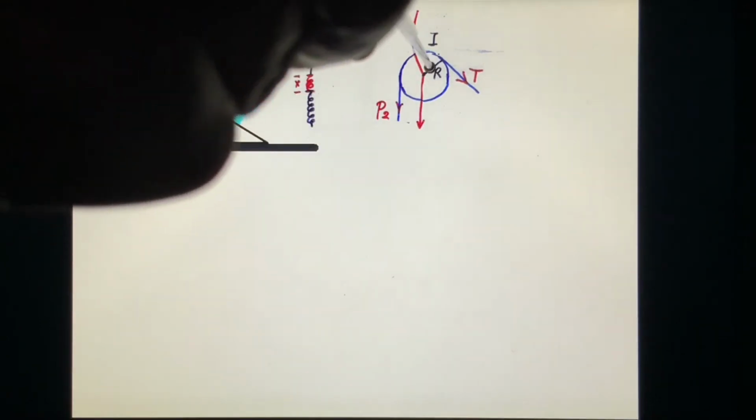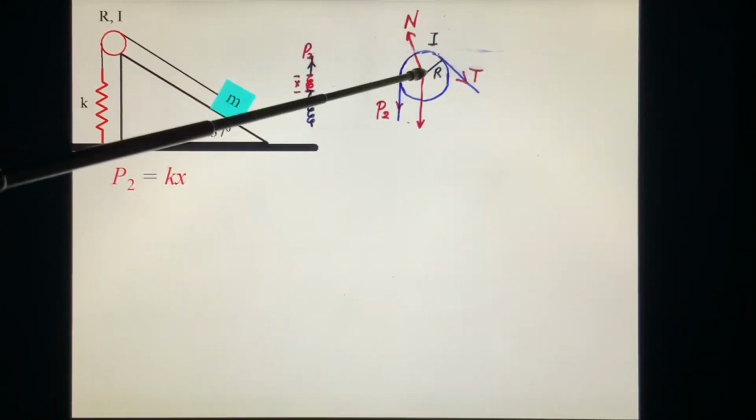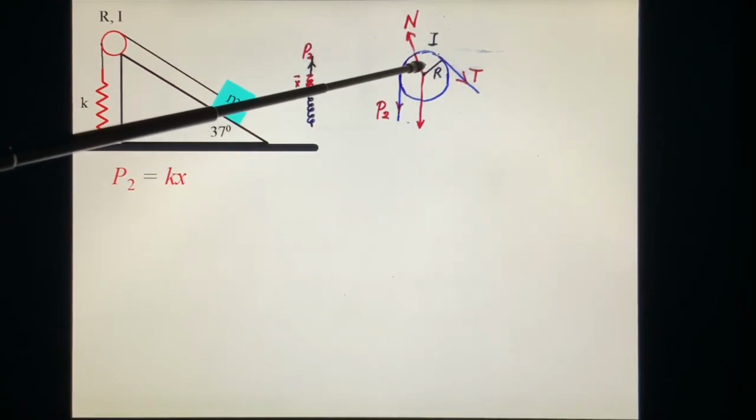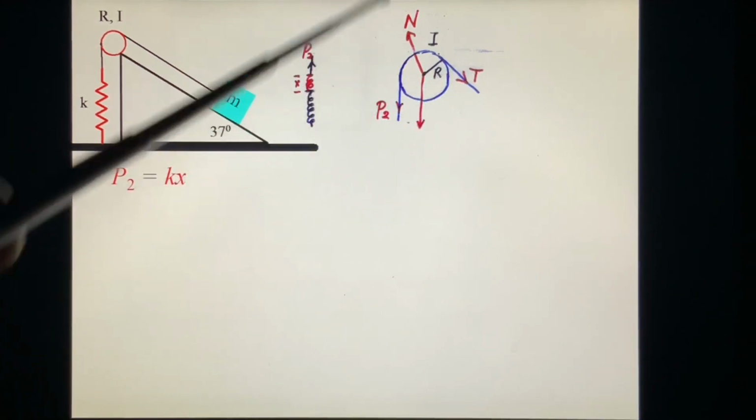Let's look at the torque around the axis. The gravitational force at this end does not have torque around this axis because r is 0.